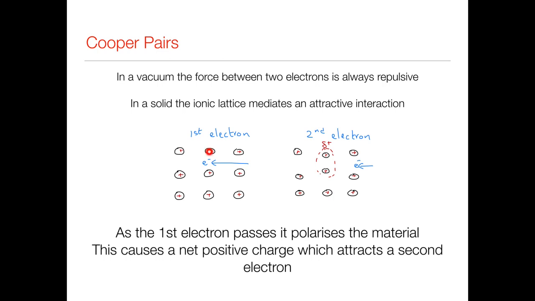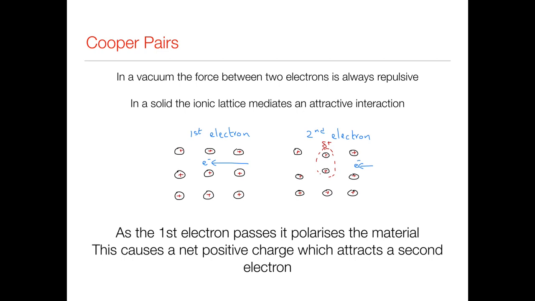Now, what about the point of view of these two ions? Those two ions notice that there's a negative electron passing by, and that means they're attracted to it. But they're ions, they're heavy, they're quite slow in responding. So, there's a negative charge there, great, we should move towards it.